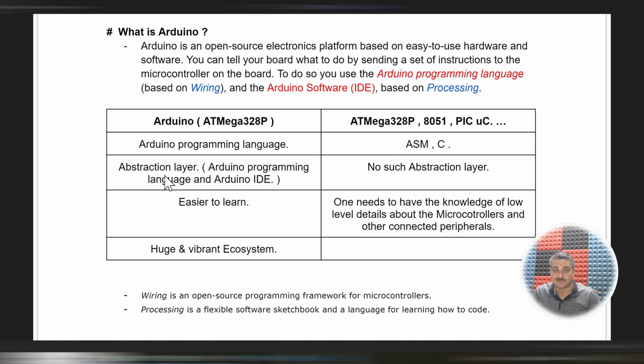So basically it means that you do not necessarily have to have the knowledge of low level microcontroller details, and yet you can write Arduino programs and develop some useful projects.